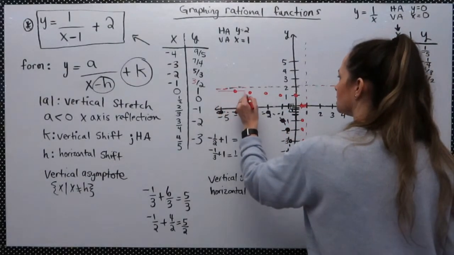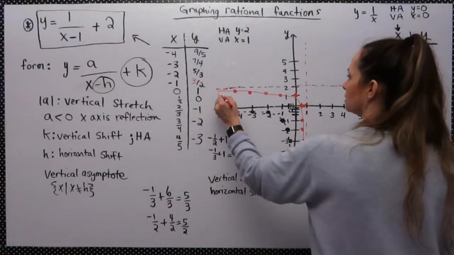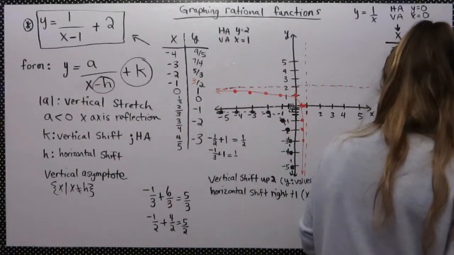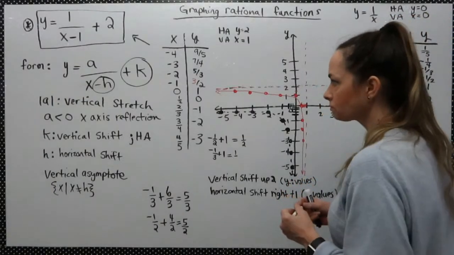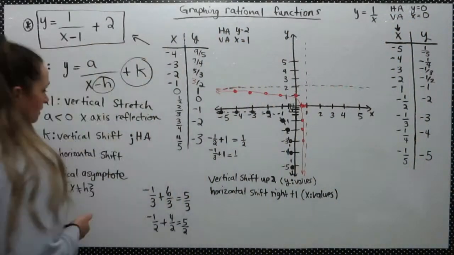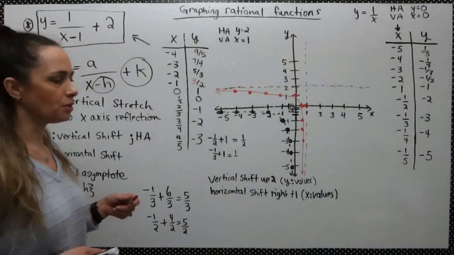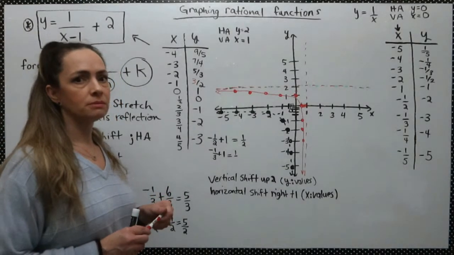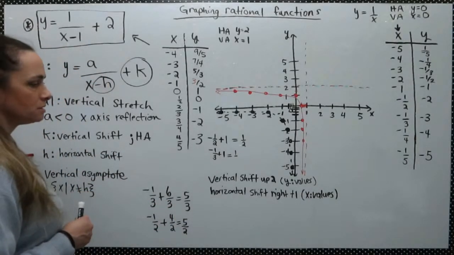So here is our transformed graph following that new asymptote to kind of show you that graph shifted. And because of this form, we didn't even have to know the algebra if we had all this information. So if you're taking a test and you're able to bring a card, I would just put this form on the card and then write these values in somewhere.